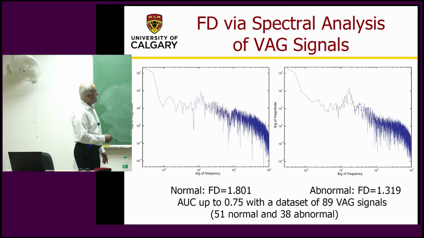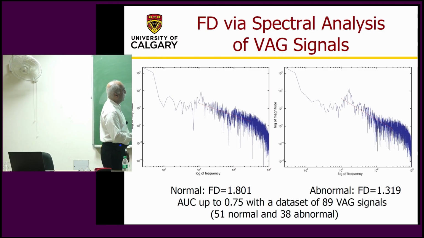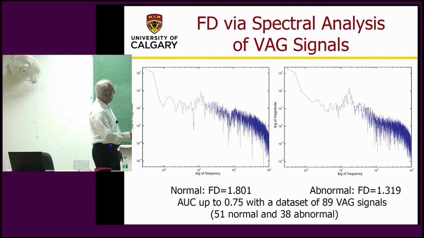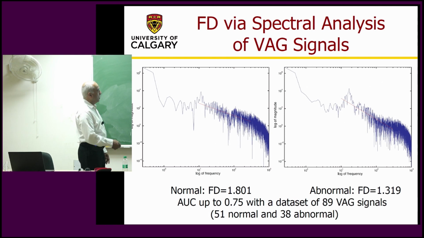Log of frequency, log of magnitude, and we expect a linear portion. Decreasing with frequency, but do you want that band or this band? This band is fairly high frequency, from 100 hertz up to 1000 hertz.